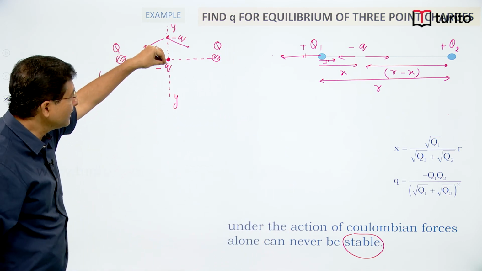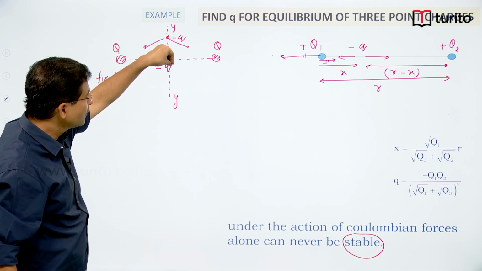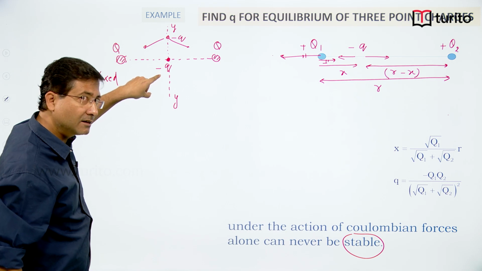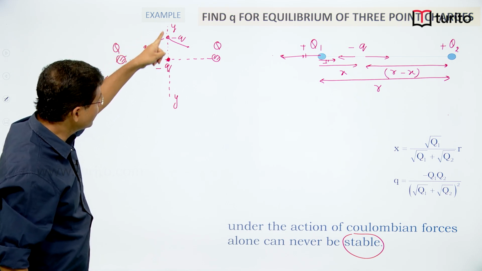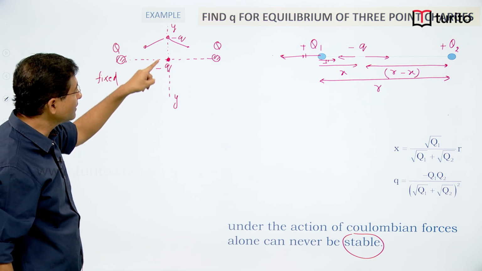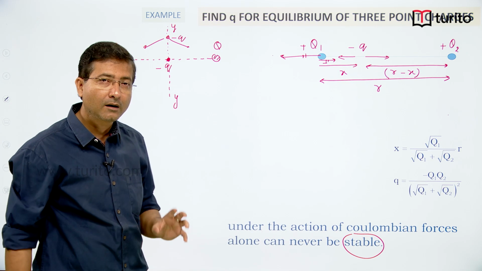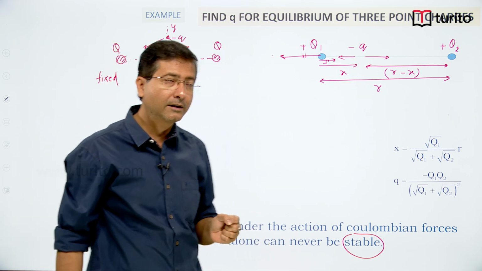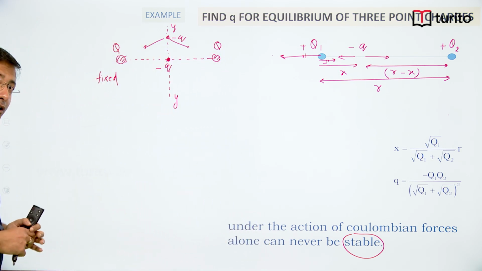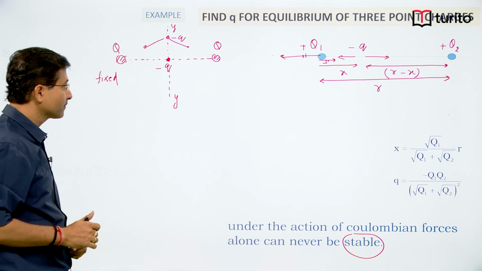So when you pull it up and release, it has got the tendency to get back. So for negative charge, this position in this direction is a stable equilibrium, but for positive charge, this position in this direction is unstable equilibrium, right.